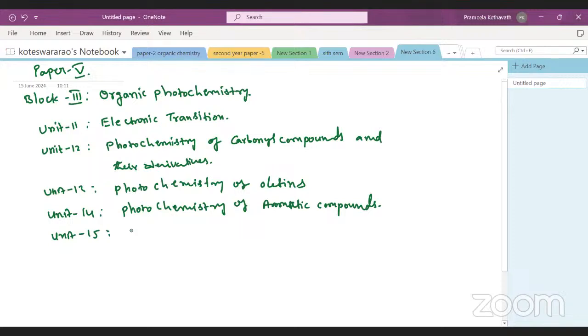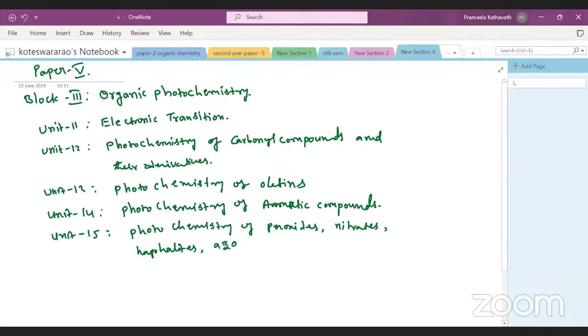That is photochemistry of peroxides, nitrates, hypohalites, azo compounds and diazo compounds.